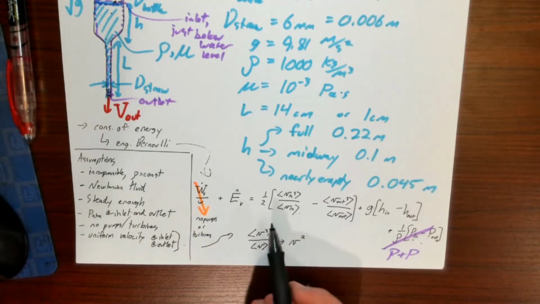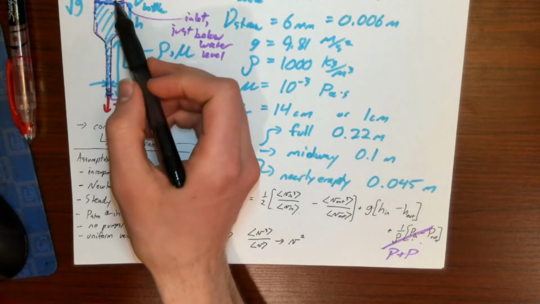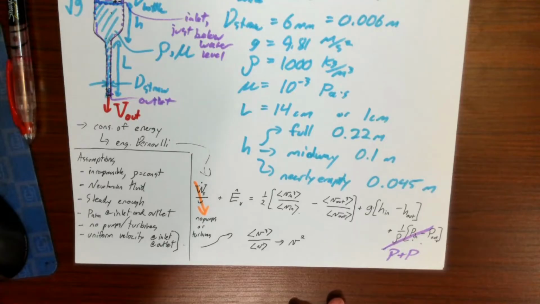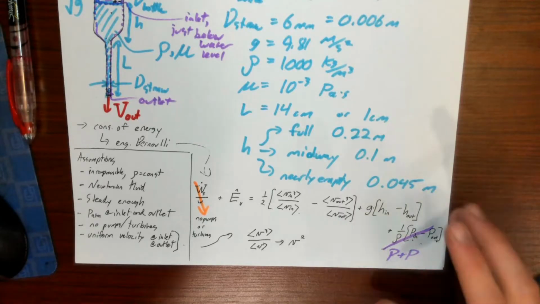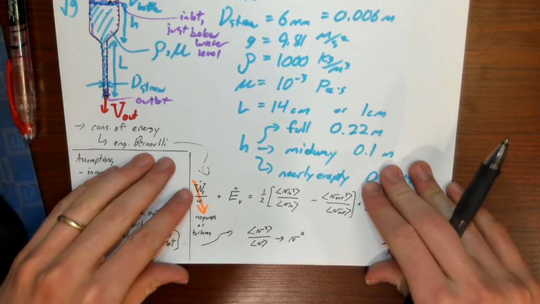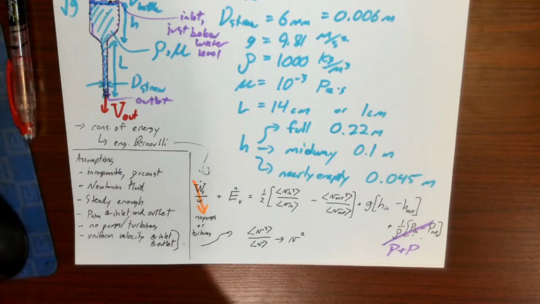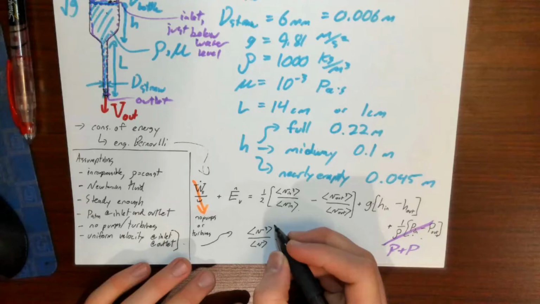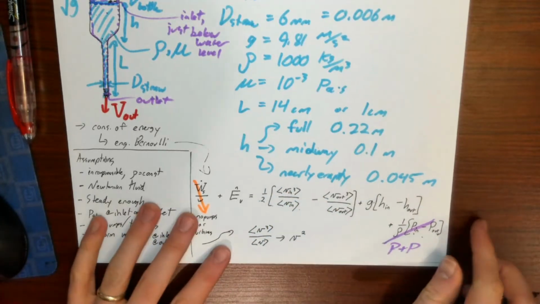That means, instead of dealing with a non-uniform velocity profile, we can characterize it with a single velocity at the inlet and a single velocity at the outlet. So there you have it. That's going to help us make some progress here.